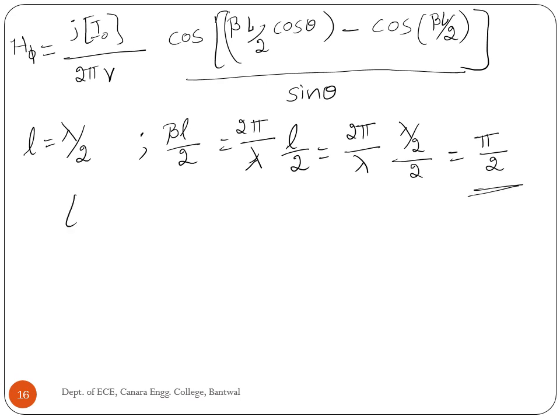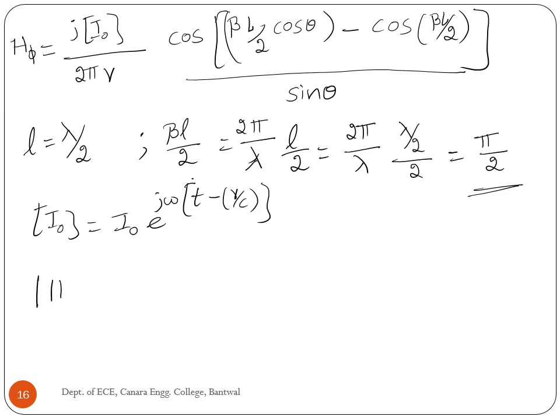And I is equal to I naught e to the power j omega t minus r by c.